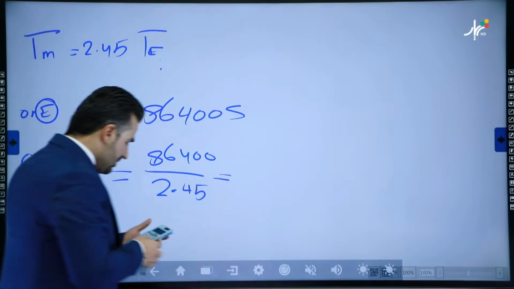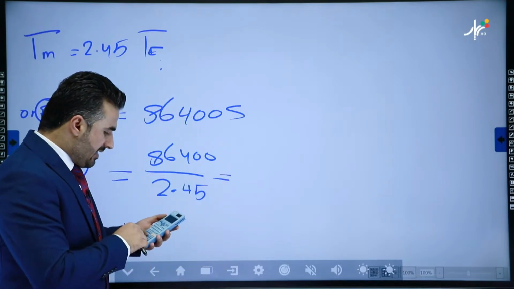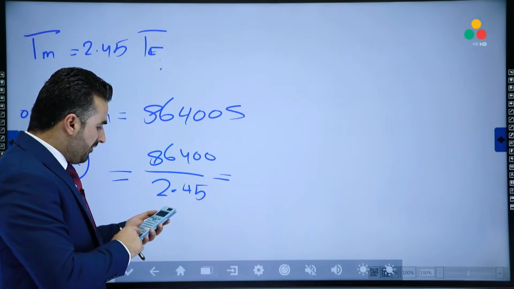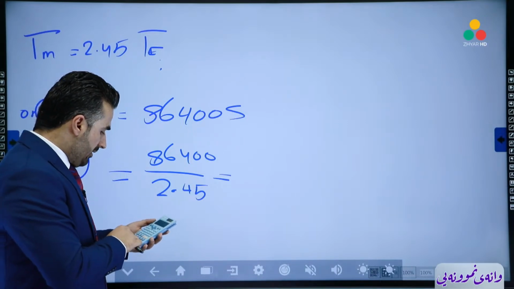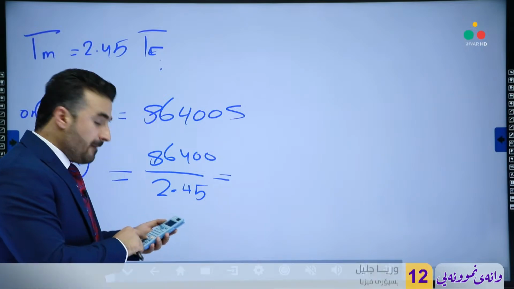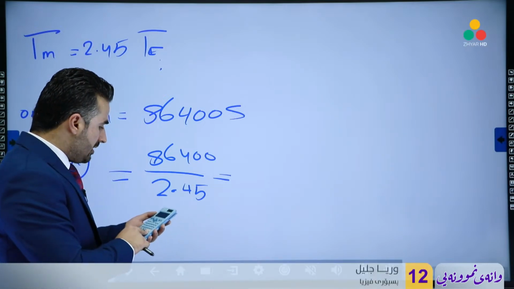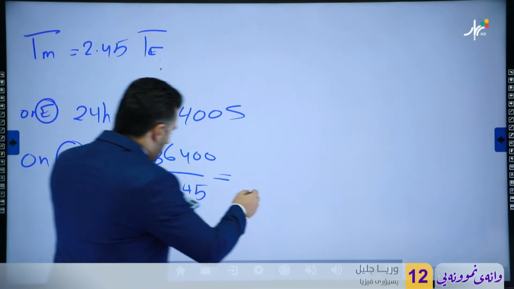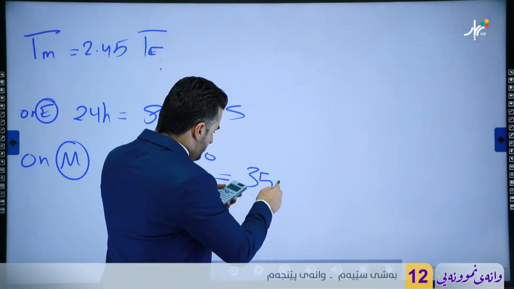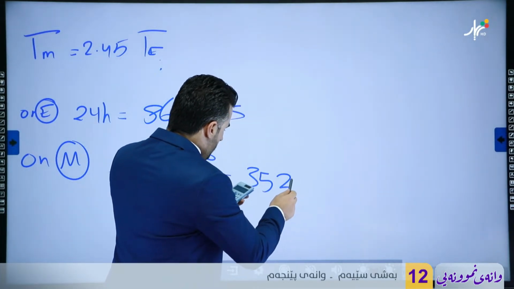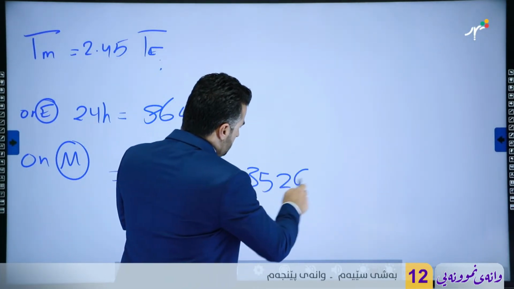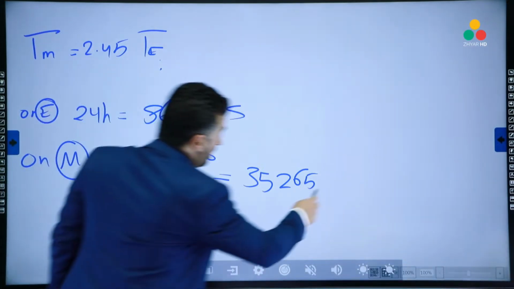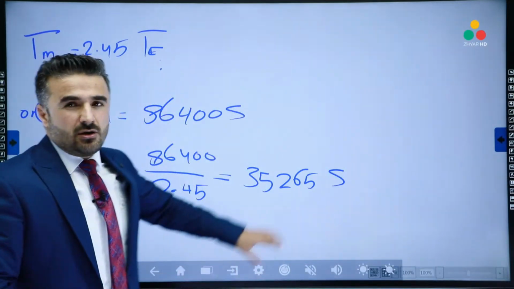So if you divide 86,400 by 2.45, you will get the number of seconds that has passed on the moon, which will be 35,265.3. Of course, we can ignore the 0.3 there. These are the number of seconds that have passed on the moon.